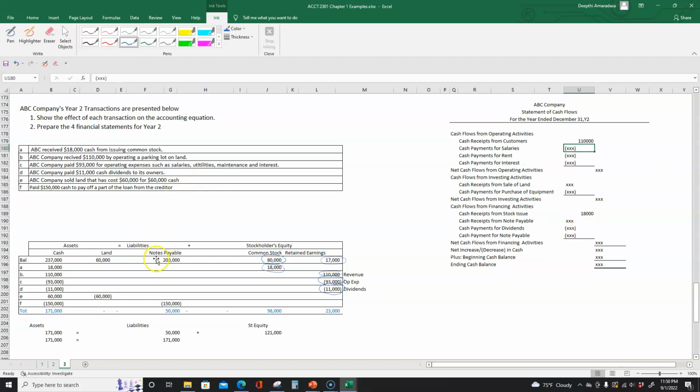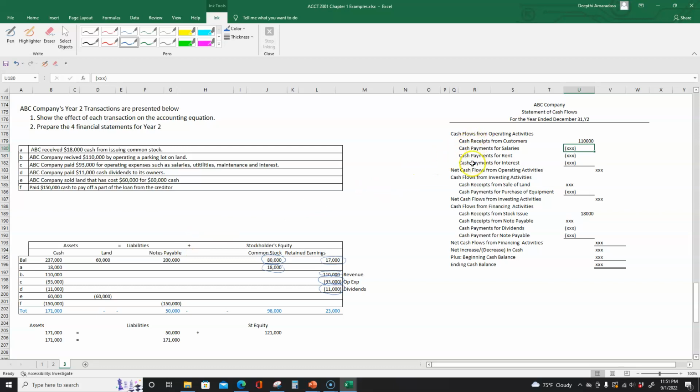Let's look at transaction C. That's 93,000, and here it shows money going out in the cash account. Let's read and see what that was for. It said ABC Company paid $93,000 for operating expenses such as salaries, utilities, maintenance, and interest. So this is money that we paid for expenses. We know expenses are the cost of doing business, so these are day-to-day activities, and those belong in the operating activities section of the statement of cash flows.